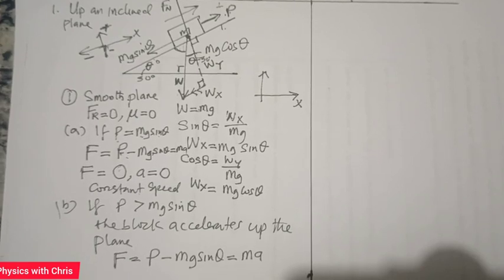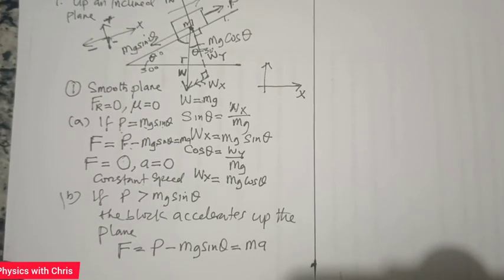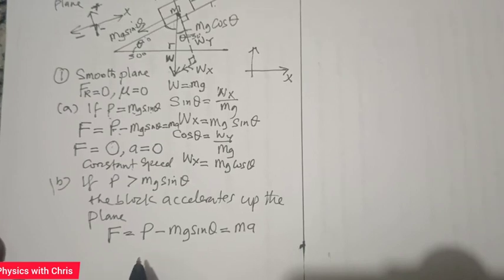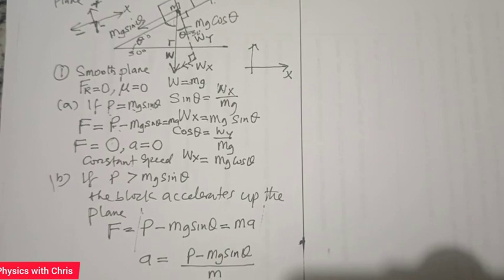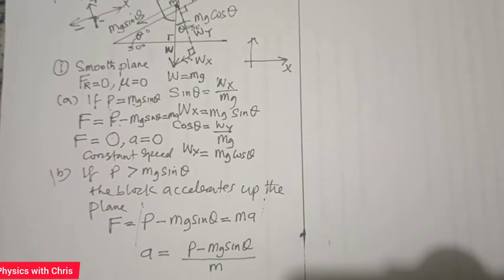So if I'm asked to calculate the acceleration of the block up the plane, then I can say from these two sides of the equation that a equals P minus mg sine theta over m. This is when you are asked to calculate the acceleration of the block up the plane.